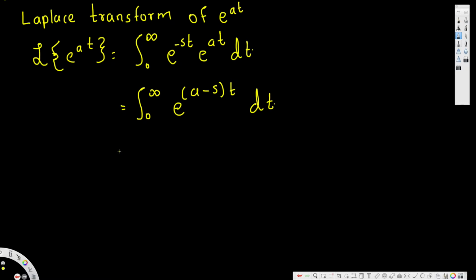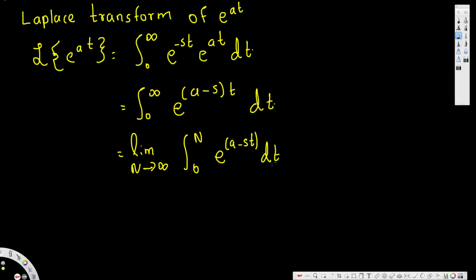Now what we are going to do is take this infinity and say limit n approaches infinity, because we have an improper integral. So limit n approaches infinity, so this is going to be 0 to n. We replace this infinity with n and then e power a minus s t dt.